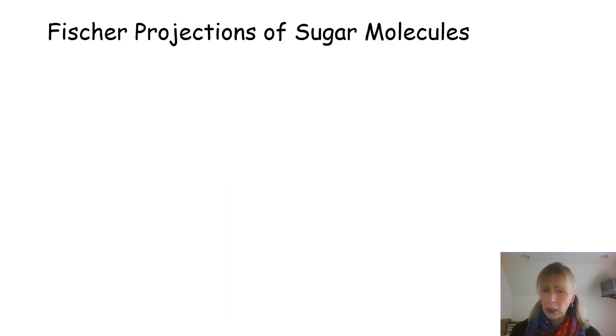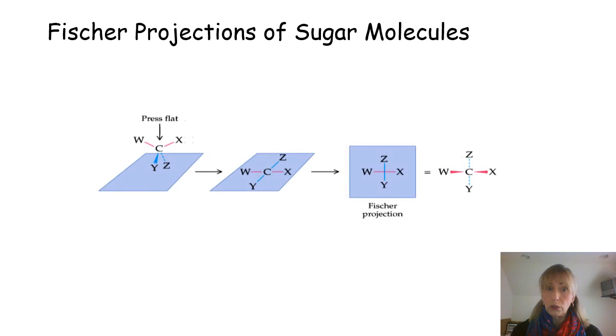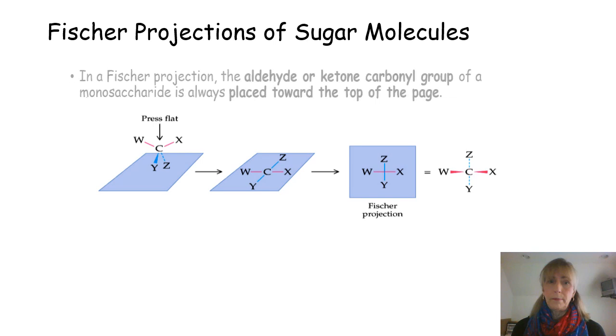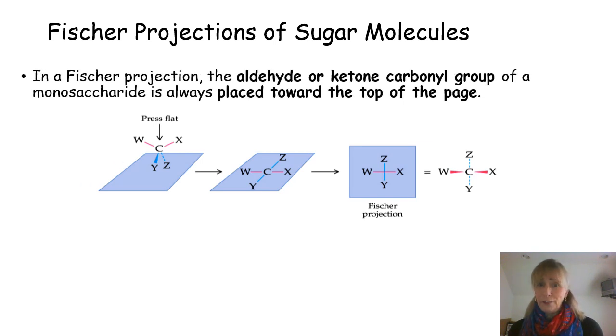So why are we talking about these Fischer projections? Well, direct application to sugar molecules. So keep this in mind; this is how we get a Fischer projection, and this is what one looks like. We use Fischer projections to draw carbohydrates.